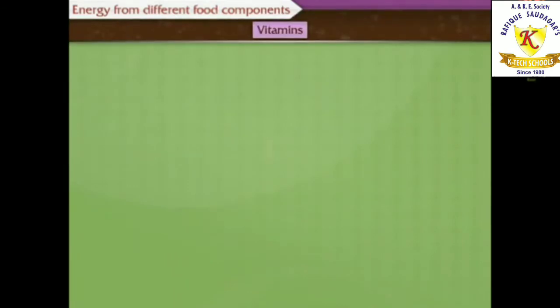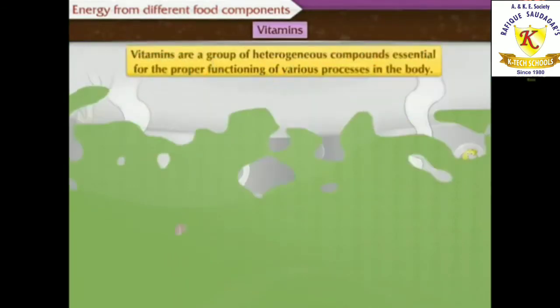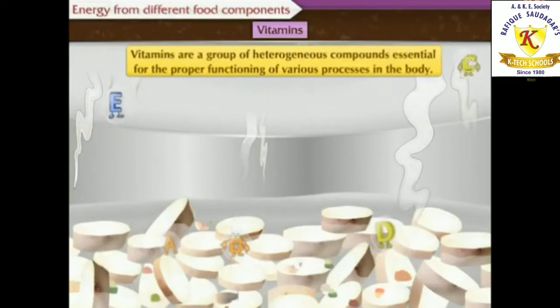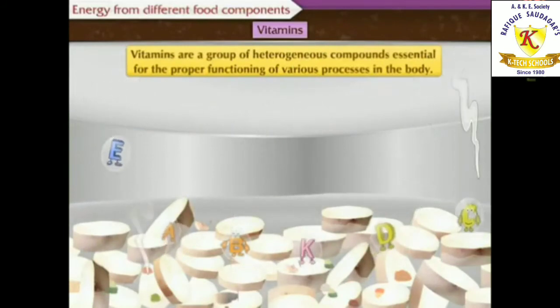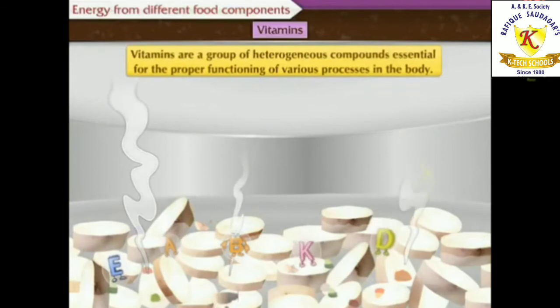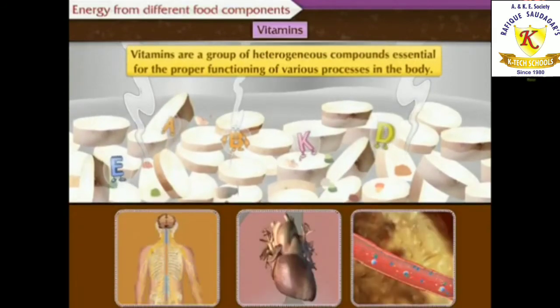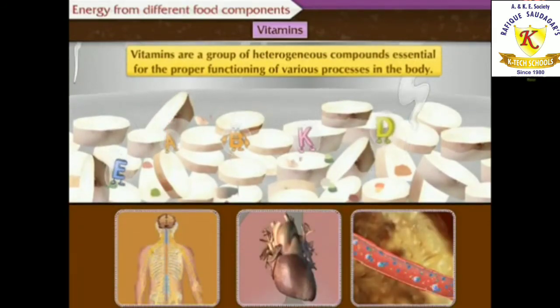Now let us learn the next nutrient, that is vitamins. Vitamins are a group of heterogeneous compounds essential for the proper functioning of various processes in the body.